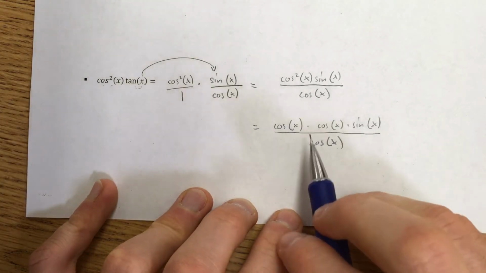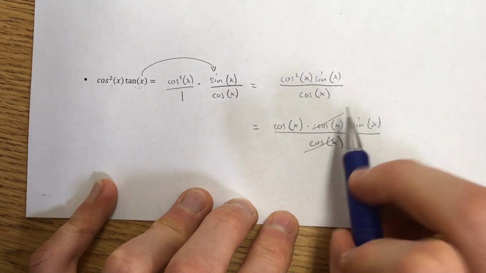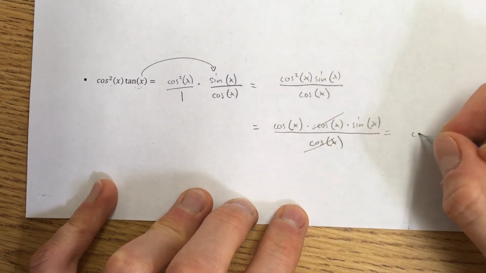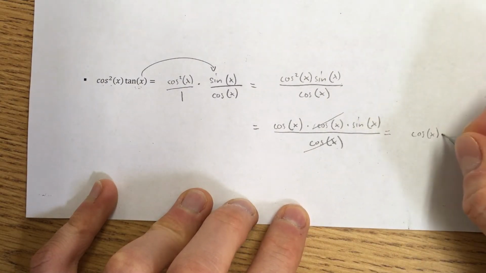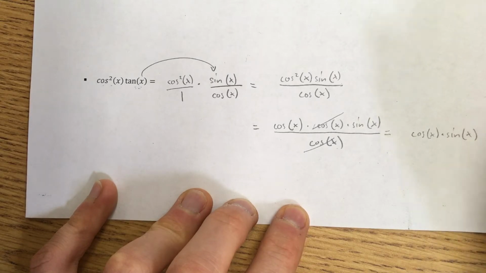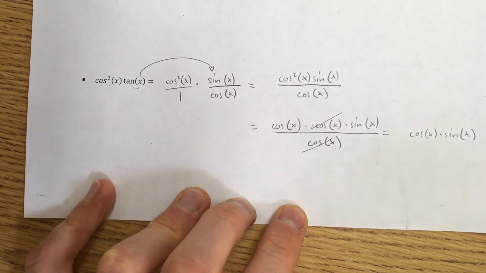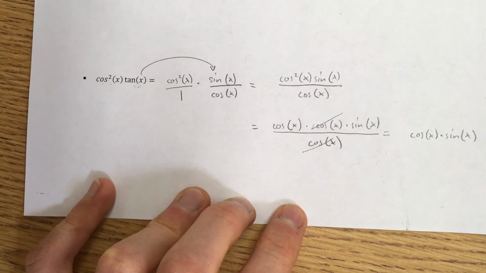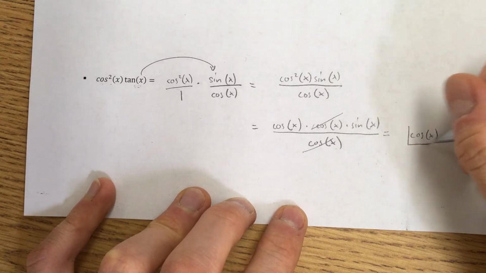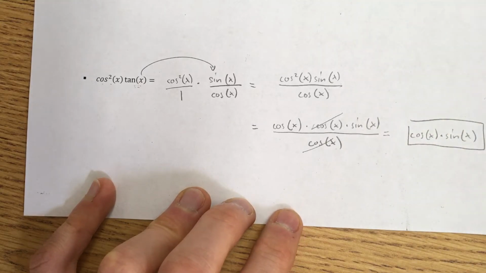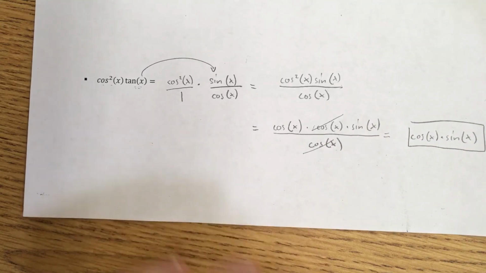And now the cosines, one of these would divide out with that one, and we would be left with cosine x times sine x. If we look back to the drawing board, back to our identities, nothing really we can replace with cosine and sine to help us simplify. So that would be in its most simplified form.